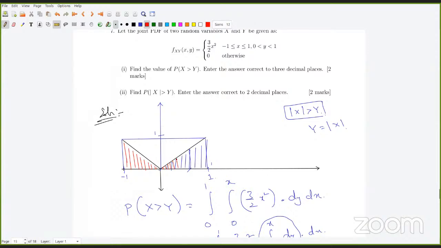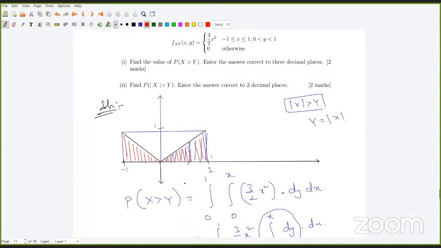Both the regions. We actually found this one, and you have to compute the other and add those two. It will give you the probability. So how will the limits be?